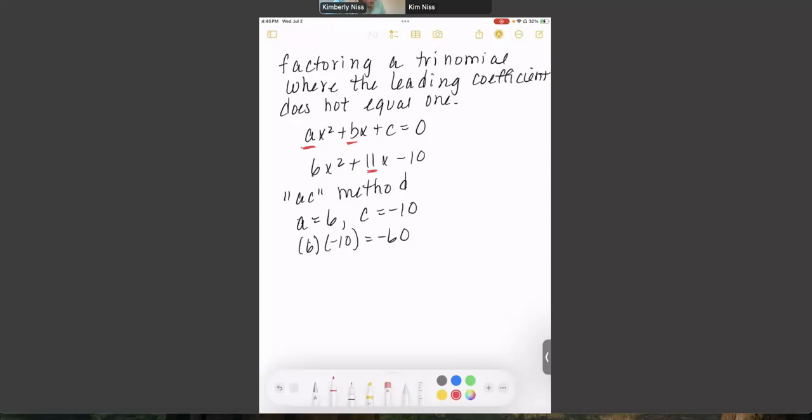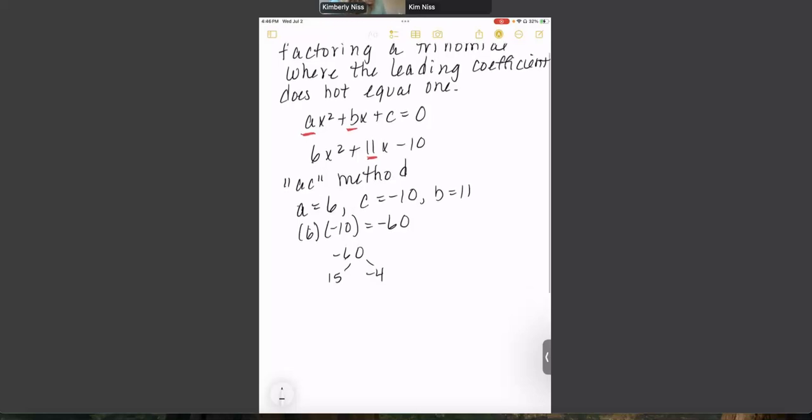So we're going to add that to our list. So b equals 11. So now we want to find the factors of negative 60. Well, negative 60 is divisible by positive 15 and negative 4. You can see that positive 15 minus 4 is going to give us 11, because 15 minus 4 equals 11. So in this case, we have found our two factors.